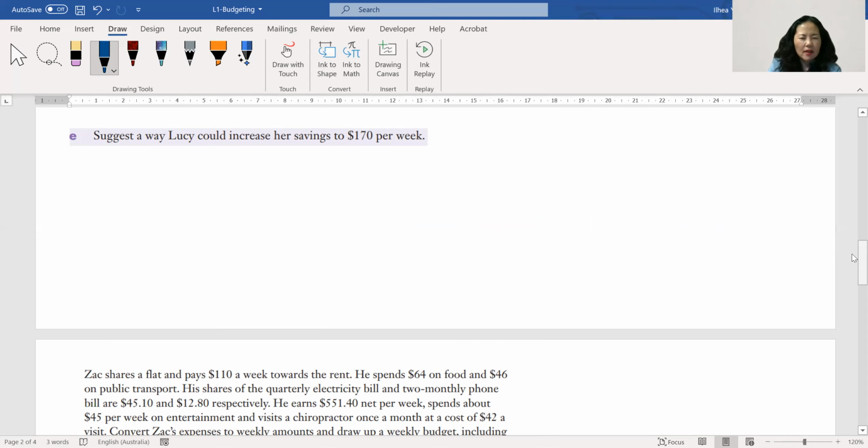Okay, now I wouldn't reduce anything from necessary fixed spending, but perhaps we could look at the previous question, part D, where the discretionary spending was entertainment, so she could reduce spending on entertainment.